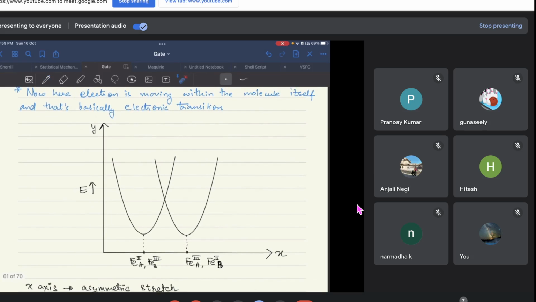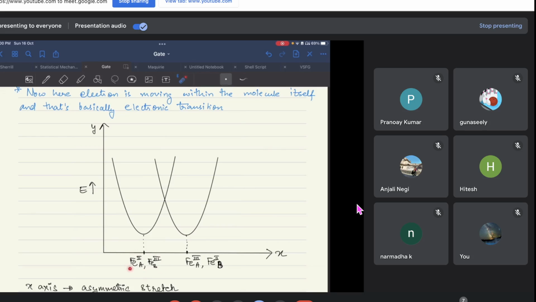Here the y-axis is denoted for energy, and the x-axis is the reaction coordinate. Keep in mind that both reactant and product are my precursor complex; when the electron transfer took place, it is not separated yet, so it's a complex again. This particular parabolic curve is denoted for my reactant.